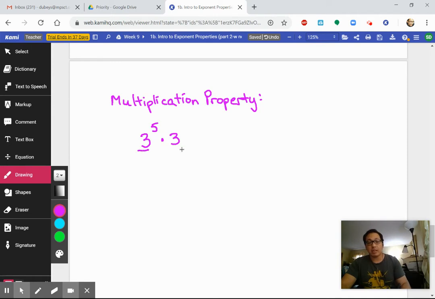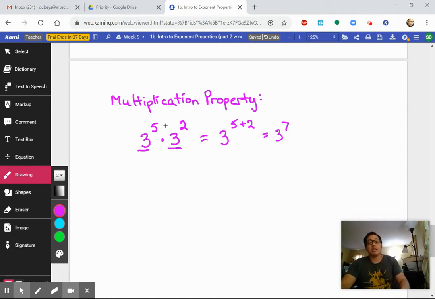Same base, both base of 3. Let's say times 3 to the 2nd power. Well, the multiplication property says this is the same thing as 3 to the 5 plus 2 power, or in other words, 3 to the 7th power.